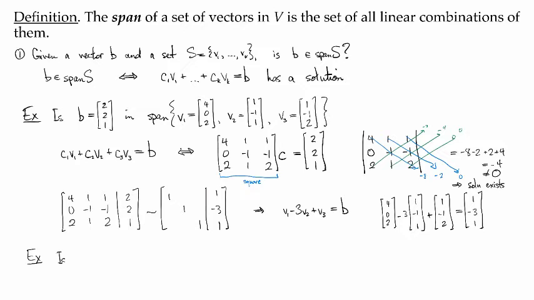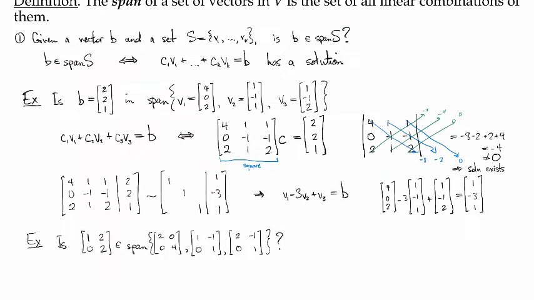So I could ask you a question like, is the matrix [1, 2; 0, 2] in the span of [2, 0; 0, 4], [1, -1; 0, 1], and [2, -1; 0, 1]? Okay, so these are all upper triangular matrices. We've seen that the upper triangular matrices form a vector space, so it's fair enough to ask if this one that I've given you is in the span of those other ones there.